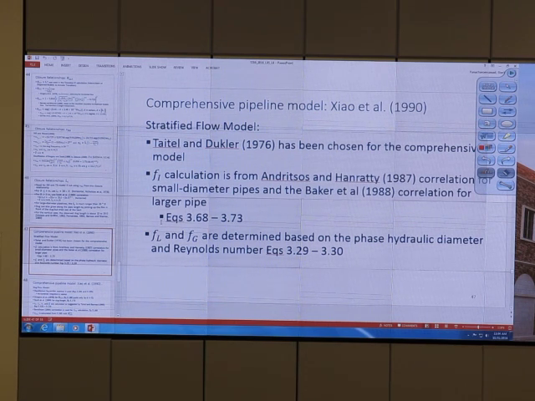Is it 0? It depends on whether it is horizontal flow or inclined flow. For horizontal flow at the equilibrium film height, the velocity is 0, right? Slightly inclined is between 0 and 5.